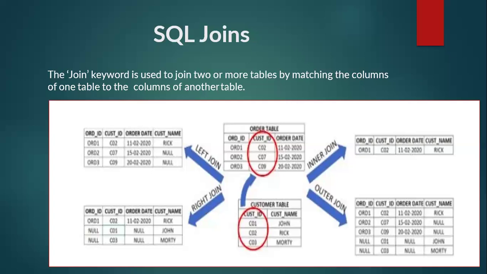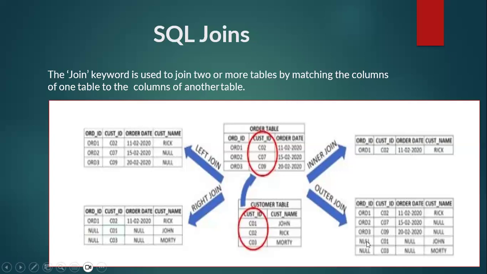So there are all the cust IDs from both the tables. It means outer join is taking all the values from both the tables. It will return all the records from both the tables, and wherever the join is not able to find the value, it will show you null. So in the order table, in the order date column, you can see null values.